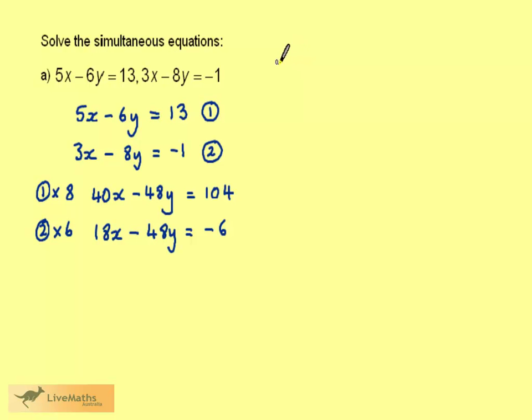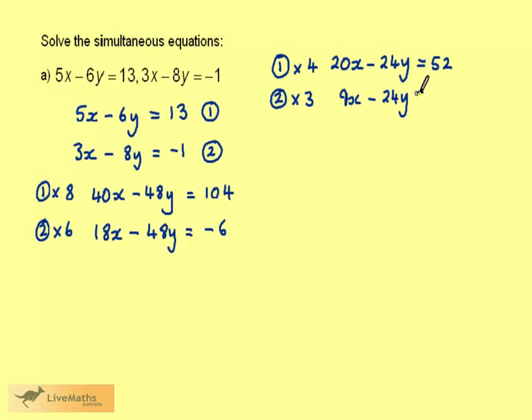However, we could produce the same result by multiplying 1 by 4. We then get 20x, take away 24y is equal to 52. And multiplying equation 2 by 3 gives 9x, take away 24y is equal to minus 3.